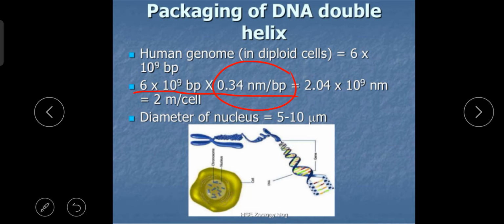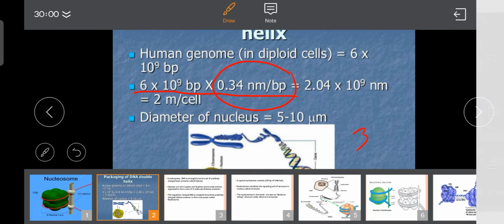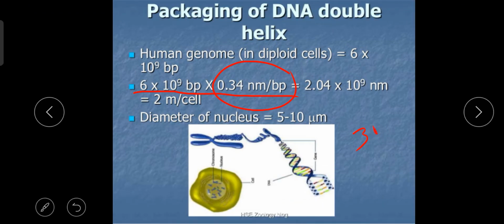Yes, that was 3.4 Angstrom. Either you can say 3.4 Angstrom or 0.34 nanometer, both are same. That means the distance between two base pair in one DNA molecule is 0.34 nanometer.